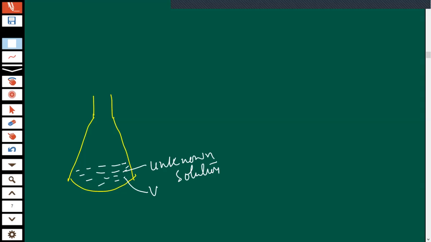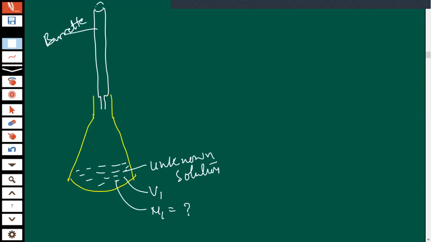Already the volume is known, but the normality is not known. Then you will use a burette, and this will be your stand, right?